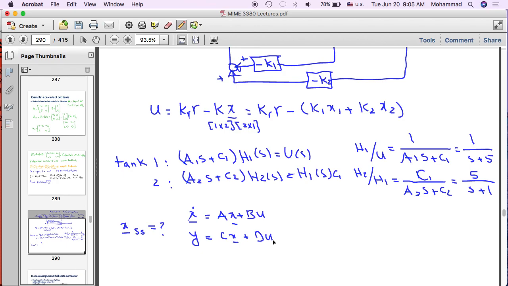X dot has to be equal to 0, which means A times x steady state plus B times u is 0.